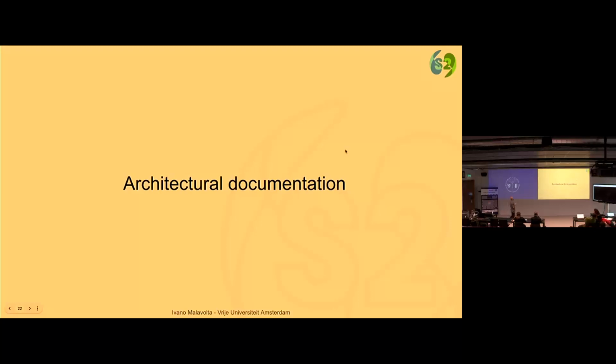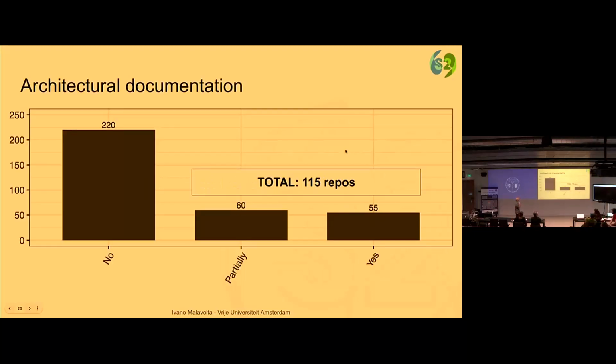We also looked at how people are documenting the architecture of a ROS-based system. What we noticed is that over the 335 repositories, 220 were not documenting the architecture at all, not even the list of nodes and topics. So plain greenfield. So I think there is some work to do for us in this area.